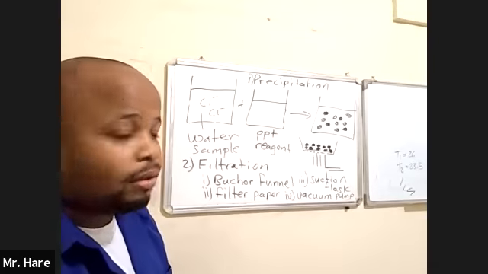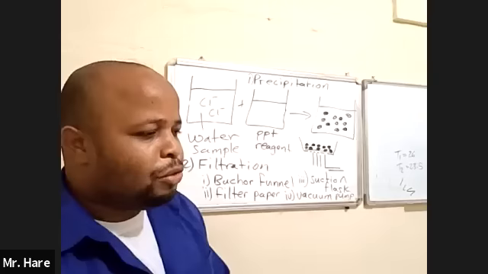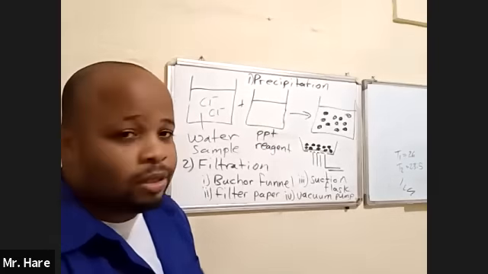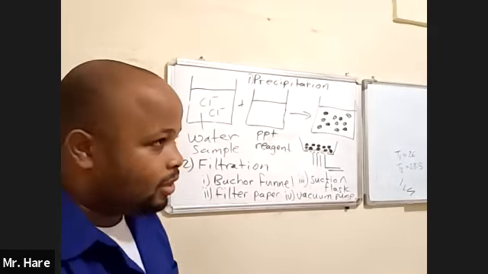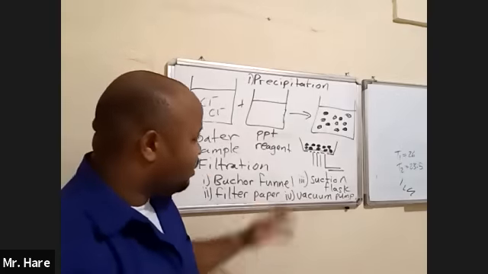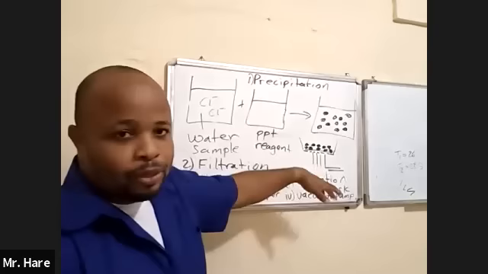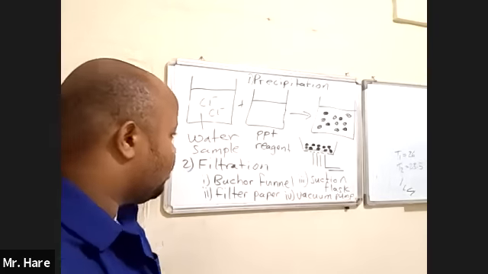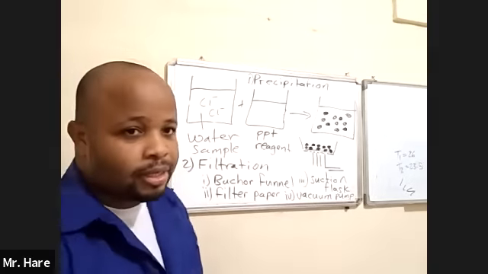And why are we rinsing it with water? To purify it. And on the exam, don't just put water. What type of water? Distilled water, that is correct. So after you filter, we would wash the precipitate with distilled water to remove any impurities.